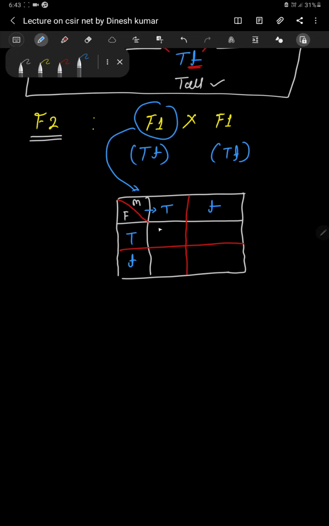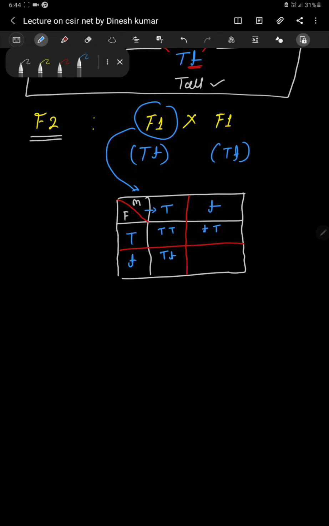Now what will be the outcome? There is a chance that this side will contribute capital T, and from this side we also take capital T. This is what we see here: capital T, capital T. Similarly, from this parent we get small t and from this parent capital T. From this parent we get capital T and this time small t as a gamete.